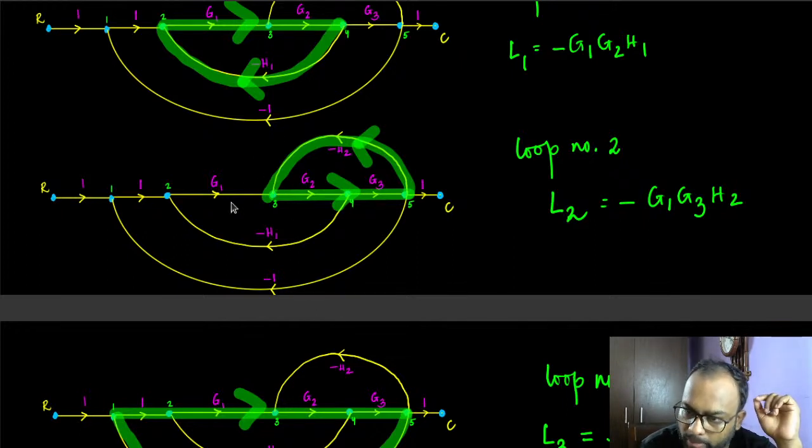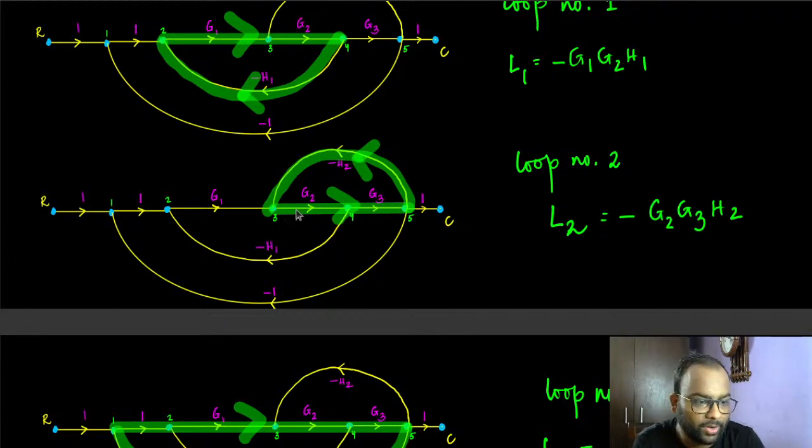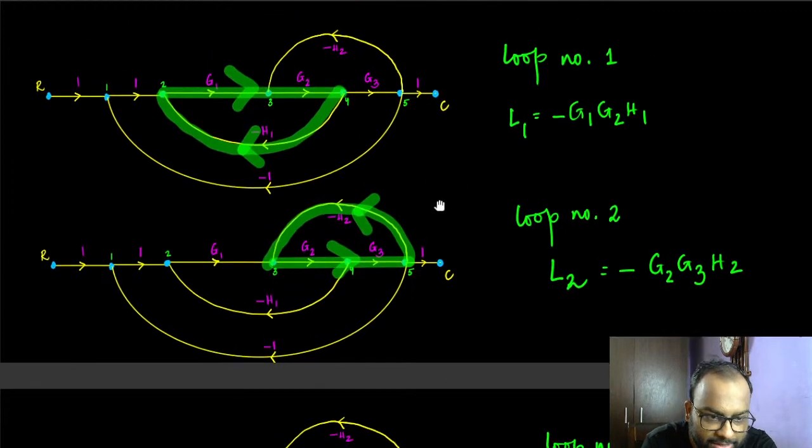Someone is saying loop number 2 is G2, G3, H2. Yeah, sure, absolutely. It's going to be G2, G3, H2, so minus G2, G3, H2. Yes, thank you for correcting me.